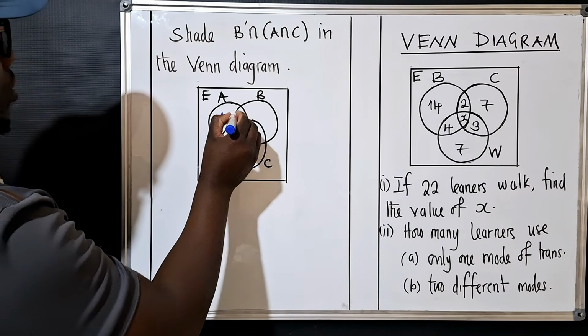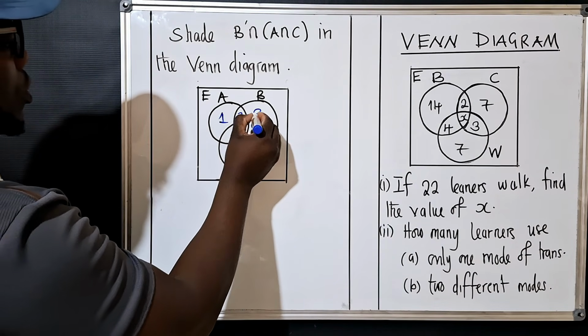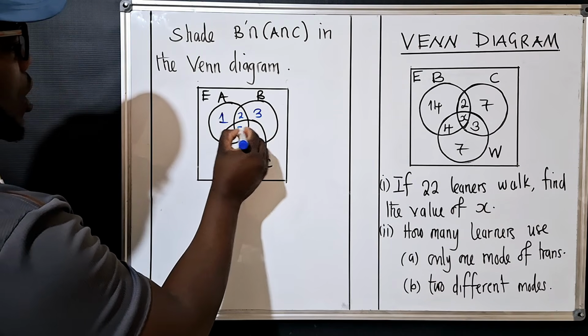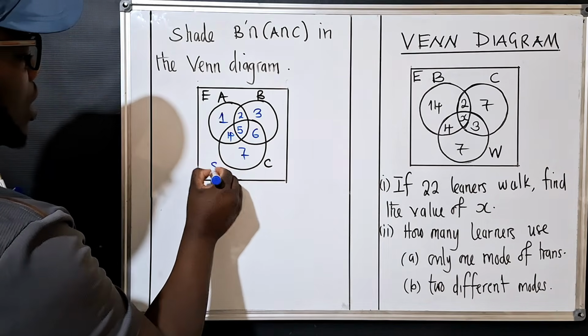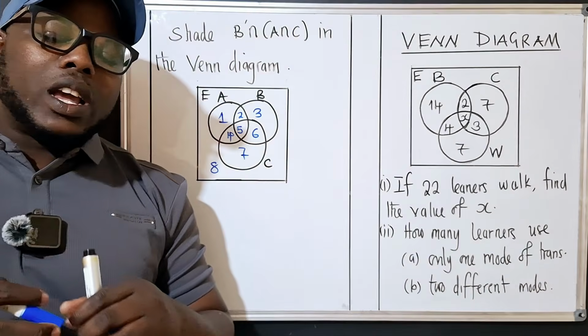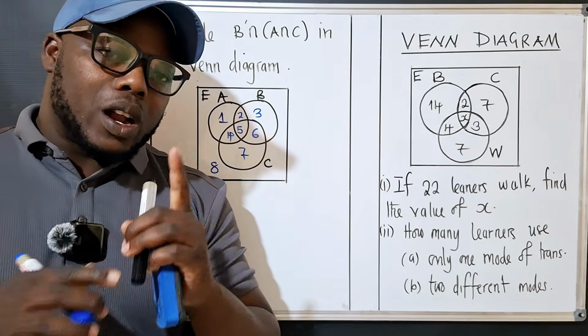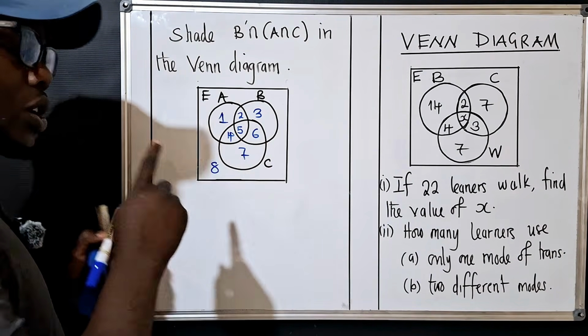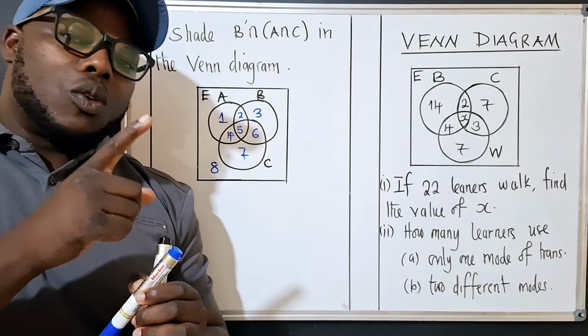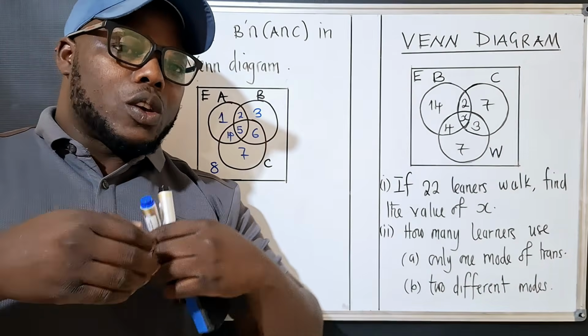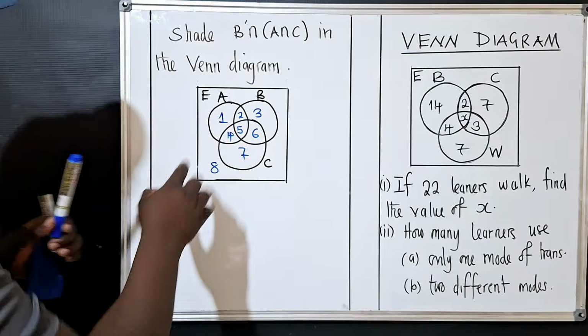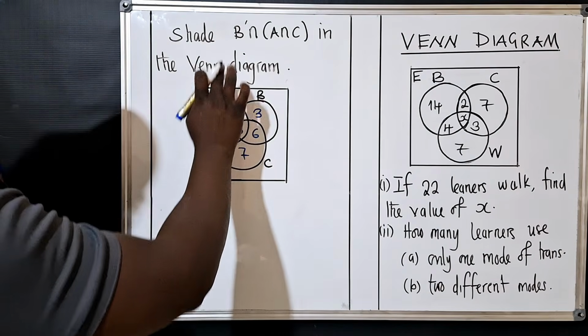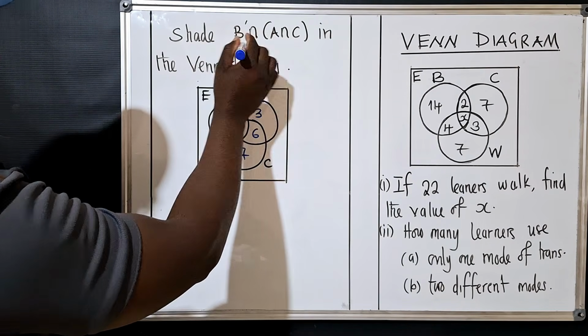So this is 1, 2, 3, 4, 5, 6, 7, 8. In each region, you write one number. You can see these are regions. In each region, you put one number, or if you don't want to work with numbers, you can put letters. If you are dealing with the numbers, you now go to the given notation.